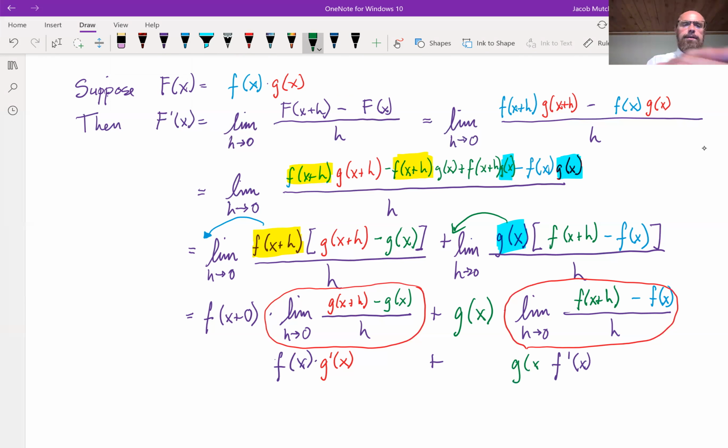I have it spread out here. It's all there. So what we could just do is condense it down in terms of space. This is now f of x times the derivative of g of x plus, and we'll try to make the color coding uniform, the derivative of f of x.